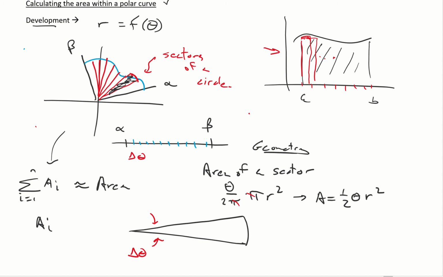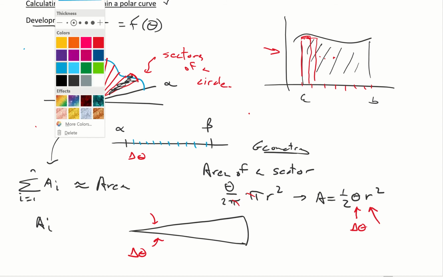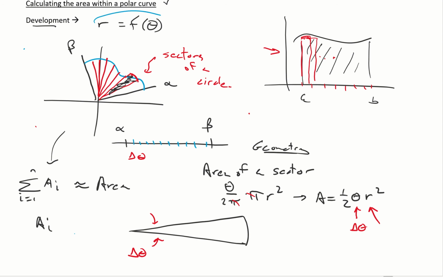But then we have a circle. If we have the theta already, that's going to be delta theta. That's our angle, okay? But we need the radius. For the radius, we're going to plug into our function, because that's how you find r's. So somewhere in this interval, we're going to pick an r sub i star, and we're going to plug it in.